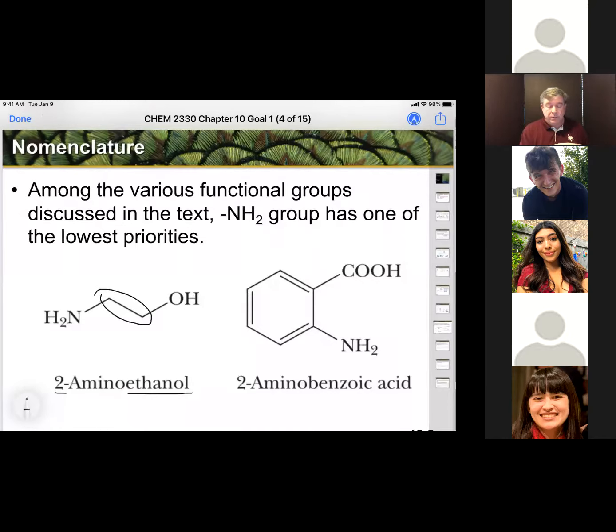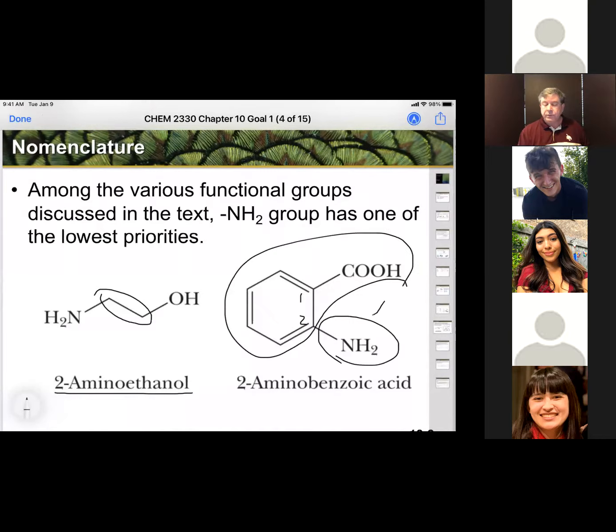And so we have 2-aminoethanol. And in this case here, we have it on the 1, 2. This is benzoic acid. And so we have 2-aminobenzoic acid. Because of that low priority, unless that's the only functional group there, it's typically named for the other functional group.